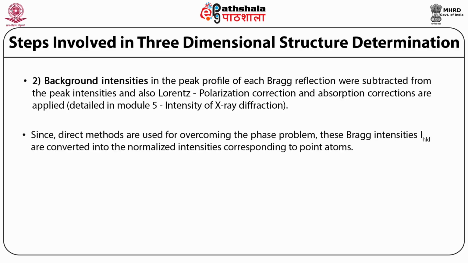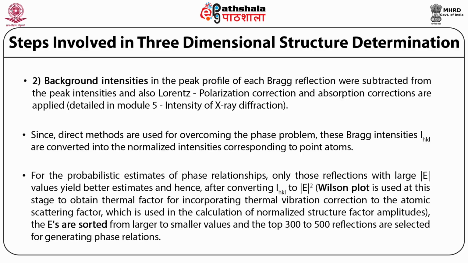Since direct methods are used for overcoming the phase problem, one assumes point atoms. So whatever intensities you get corresponding to spherical atoms have to be converted into the normalized intensity variable, mod E. Already we have given the formula for that. So this corresponds to point atoms. For the probabilistic estimates of the phase relationships, only those reflections with large E values yield better estimates.